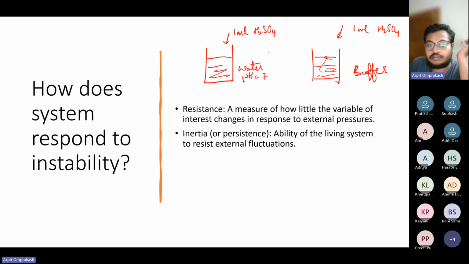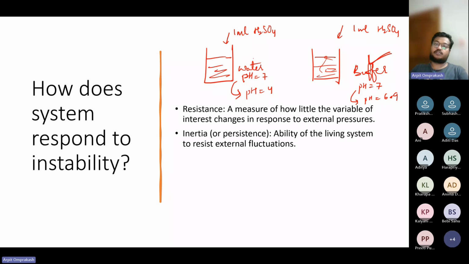After adding the acid, the pH became 4. Whereas here, initially the pH was 7, but after adding that 1 ml of acid, the pH became 6.9. Right. So here we say that this buffer solution is more resistant than the water solution because the variable of interest, that is the pH, shows very little change in response to external pressure such as addition of acid.